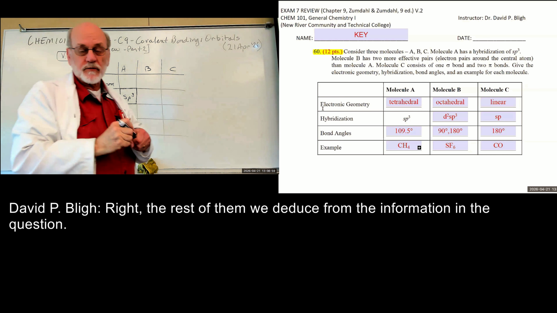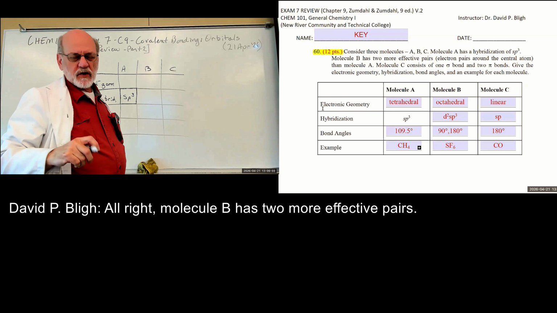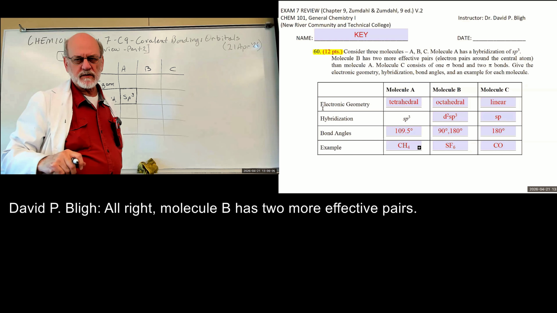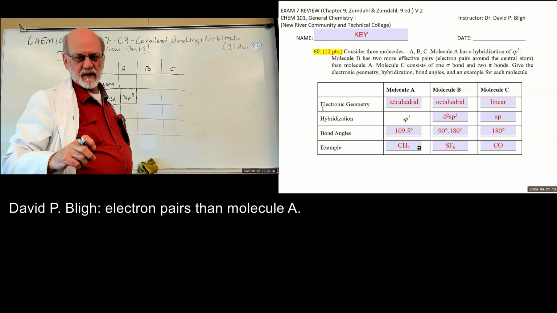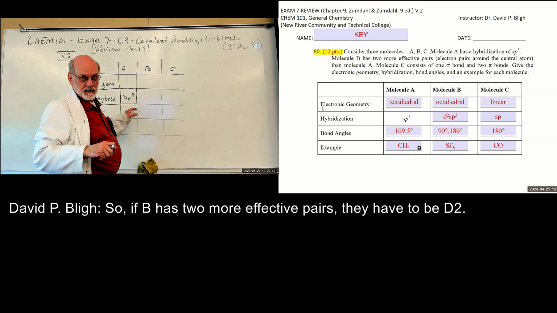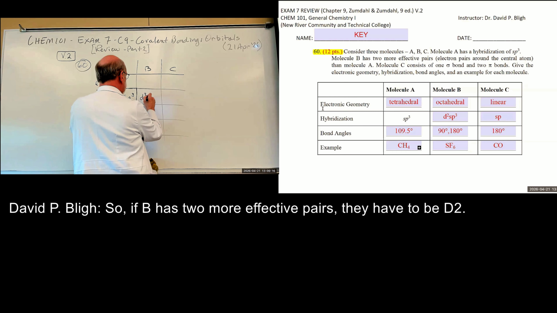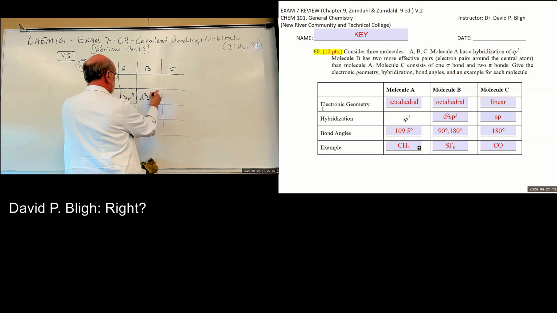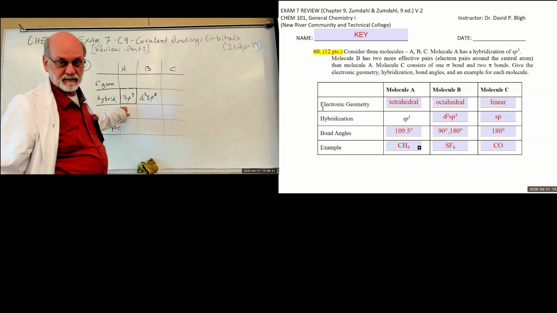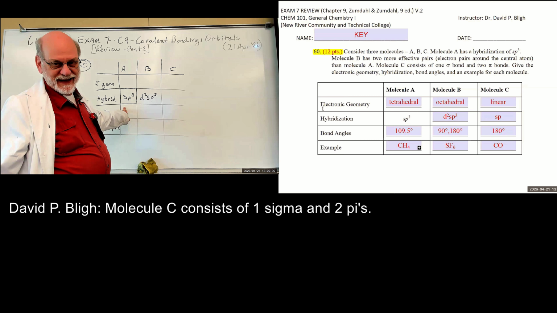The rest of them we deduce from the information in the question. Molecule B has two more effective electron pairs than molecule A. So if B has two more effective pairs, they have to be d2sp3, right? Molecule C consists of one sigma and two pi's.